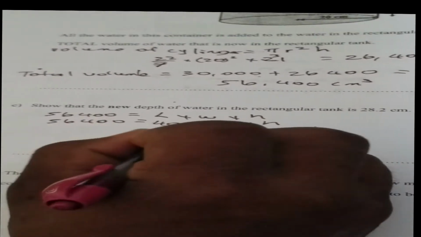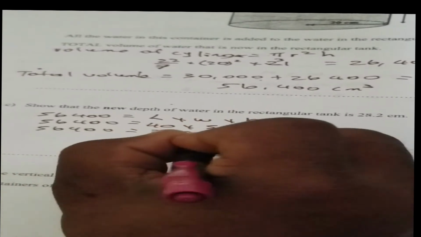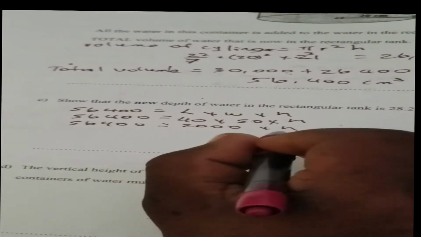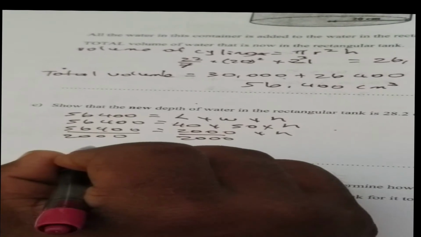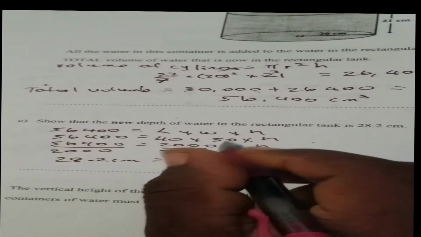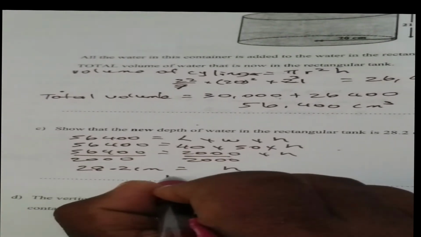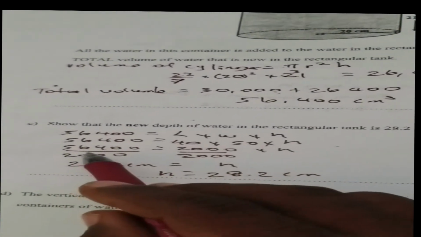And so we can say 40 times 50 is 2,000, so 56,400 is equal to 2,000 times the height. We need to make h the subject to find it, so we're going to divide through by 2,000. And so what this will give us is 28.2 centimeter is equal to height. And therefore, we were able to prove that the height is equal to 28.2 centimeter. Alright, so if we divide 56,400 by 2,000, we should get 28.2.